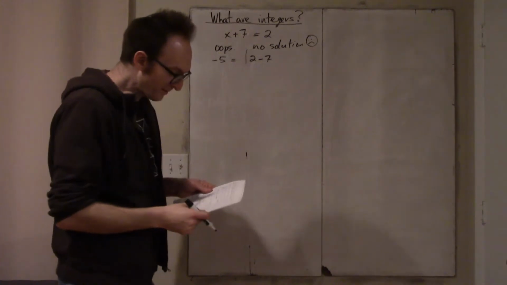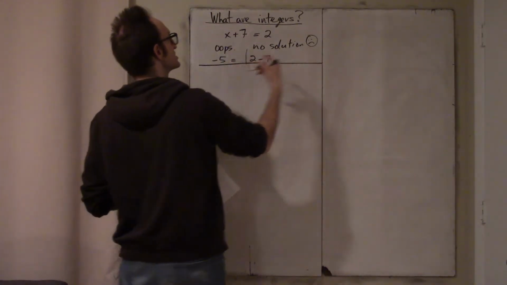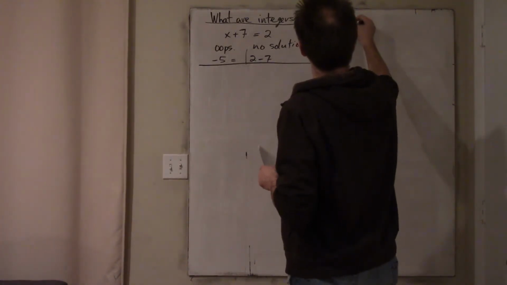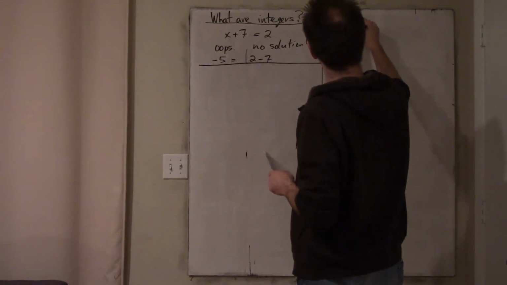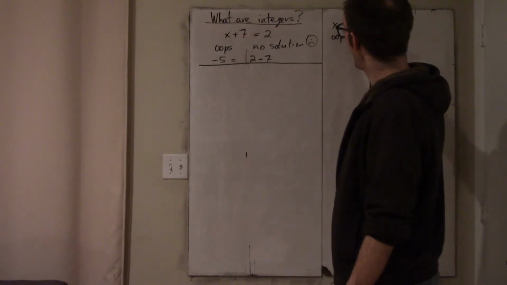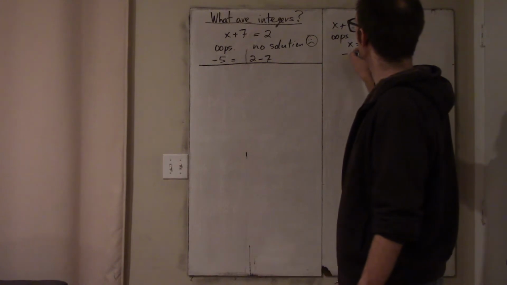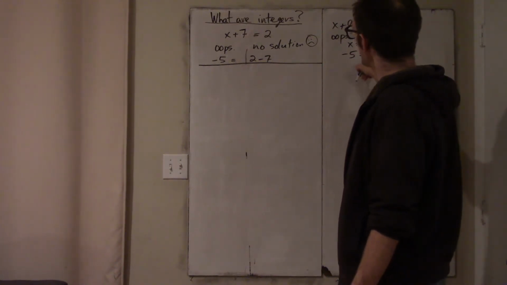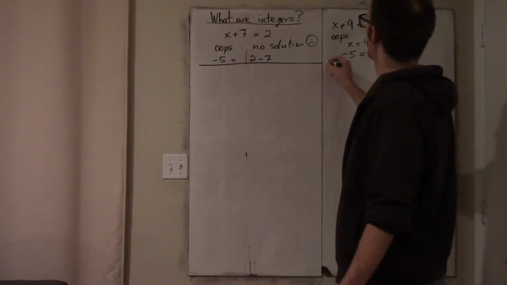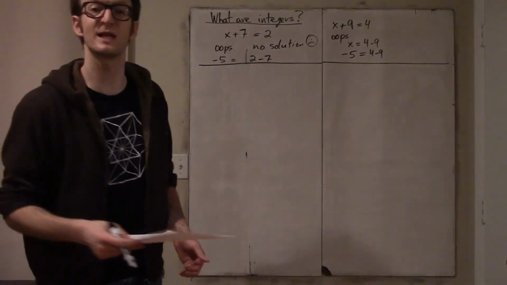But the problem is that there are other equations. There are also equations like x plus 9 equals 4, and this also doesn't have a solution. How would you like to solve this? You'd like to say 4 minus 9, but 4 minus 9 is meaningless. And so this number that you invent needs to be both 4 minus 9 and also 2 minus 7. That's really the heart of the whole thing.